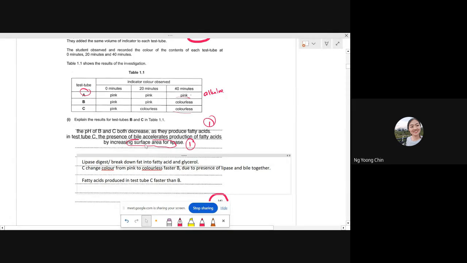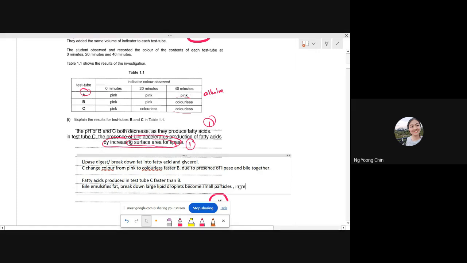Because it is able to perform emulsification, you should write this: by being able to emulsify fat, breaking down the large lipid droplets into small particles. So you continue: so it is able to increase surface area for the lipid digestion by the lipase.